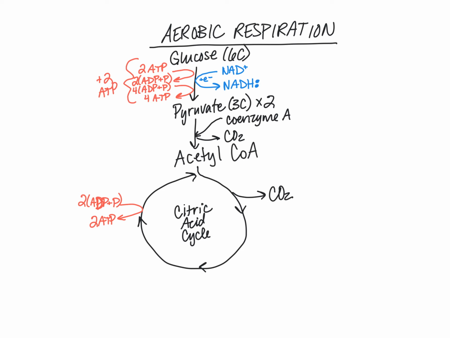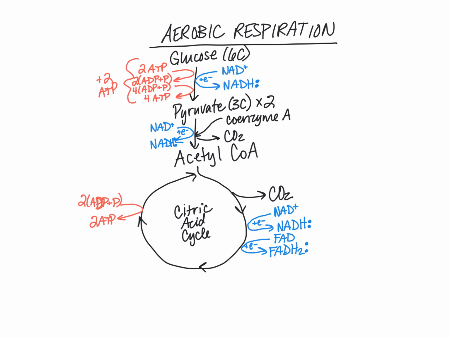That also happens during the oxidation of pyruvate, where some NAD plus goes into the reactions and picks up some electrons to form NADH. During the citric acid cycle, this happens with NAD plus, again, picking up electrons to form NADH. It also happens with another electron carrier called FAD, which picks up electrons to form FADH2.